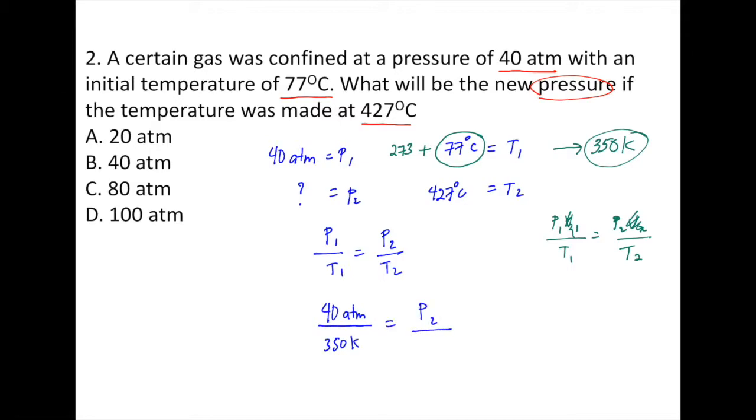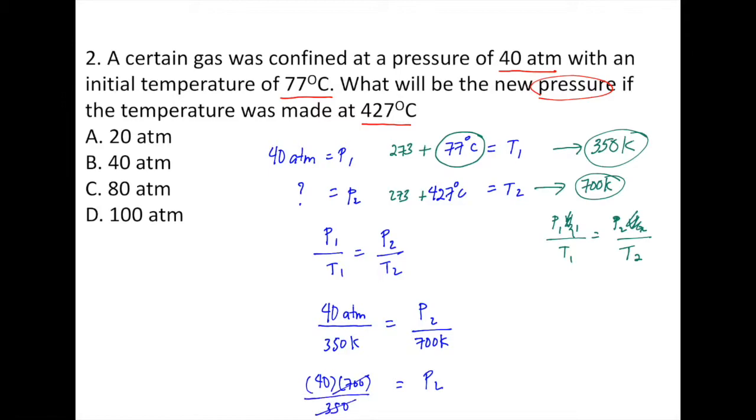And for temperature 2, still we must add 273. So 427 plus 273 is 700 Kelvin. Therefore, we have here 700 Kelvin. Solving now for P2, that is 40 multiplied by 700 over 350.